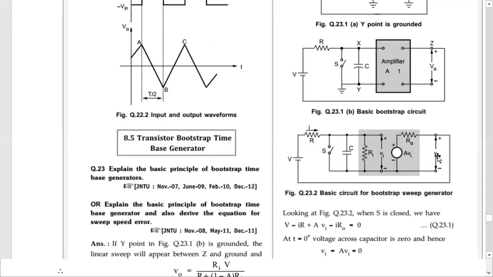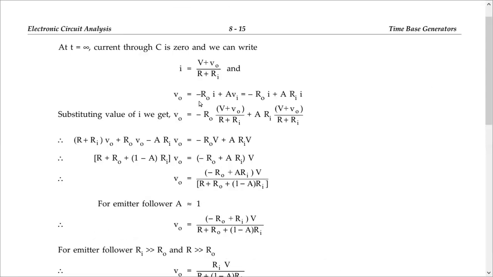Then at the output side, we have V naught is equal to minus I R naught plus AVi. Then Vi we can write as I into Ri, Ohm's law.